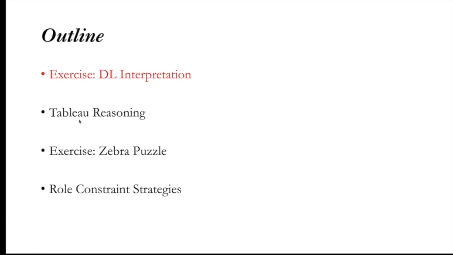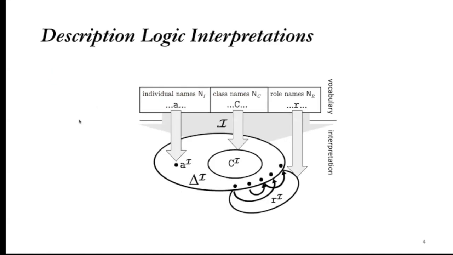With that said, DL interpretations, recall description logics. We got individual names, class names, and role names. That's the vocabulary. They're pointing, through this little .I interpretation, which is just a function that maps the names to things in a domain.